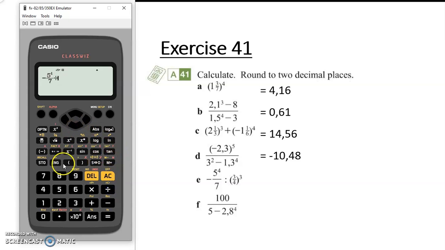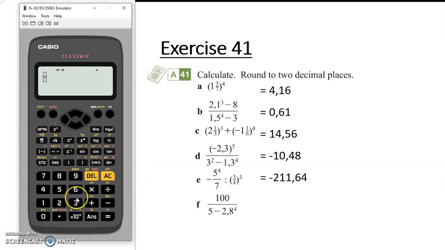Again, inside the bracket, a fraction 3/4. Here it is, closing the bracket, and then to the power of 3 is equal to, again, a negative number, minus 211.64.